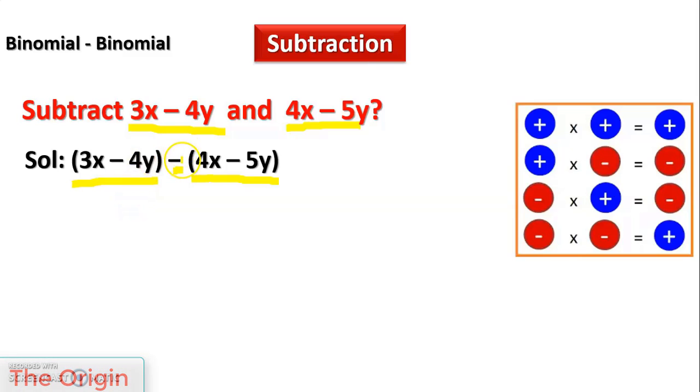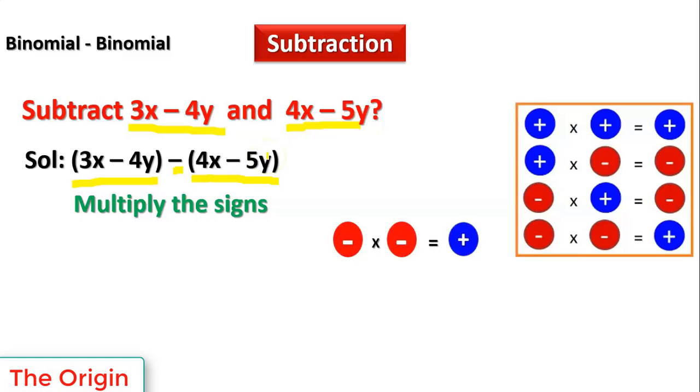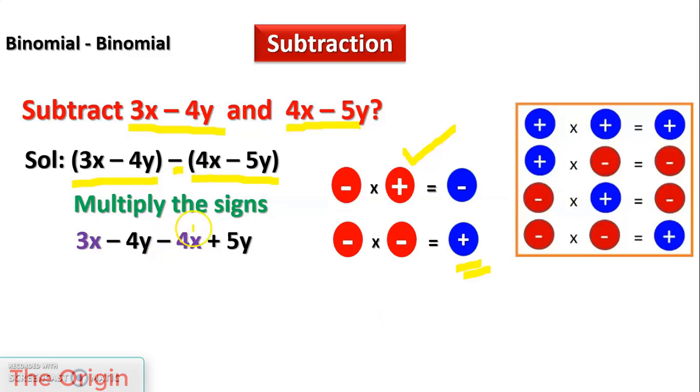Same, multiply the minus sign with the 2 terms. Minus into plus, minus, and minus into minus, plus. Observe the color: 3x minus 4y, minus into plus, minus 4x, minus into minus, plus 5y. I remove the brackets here.